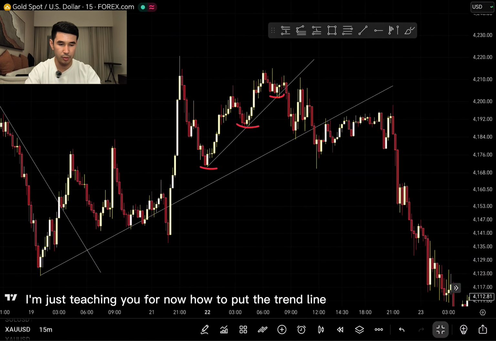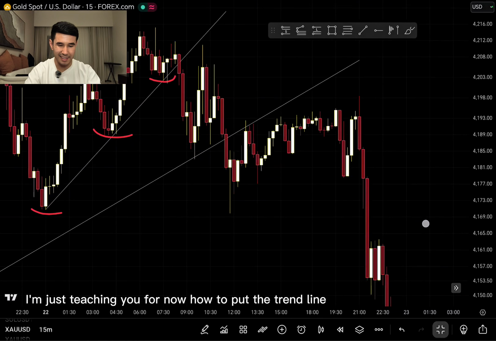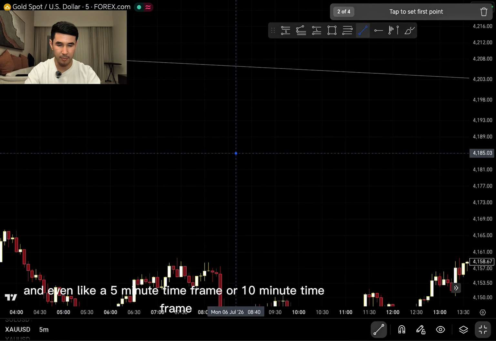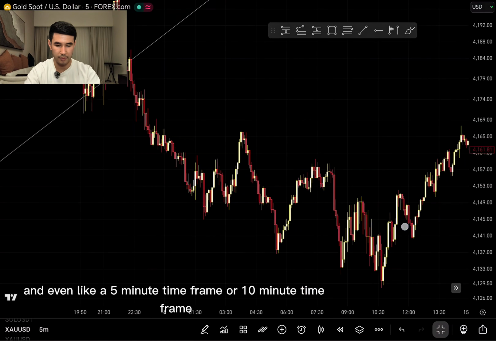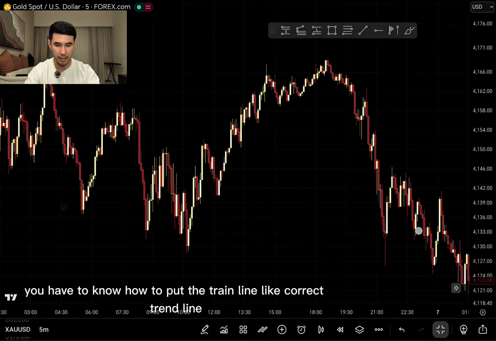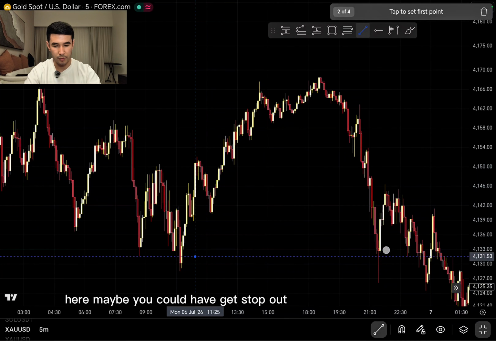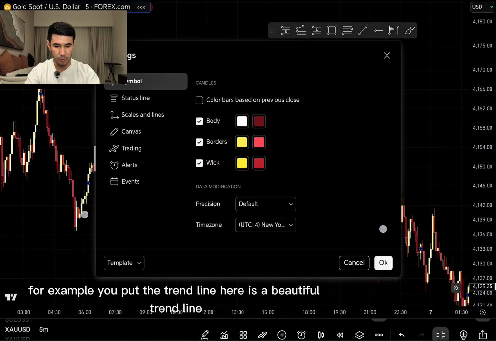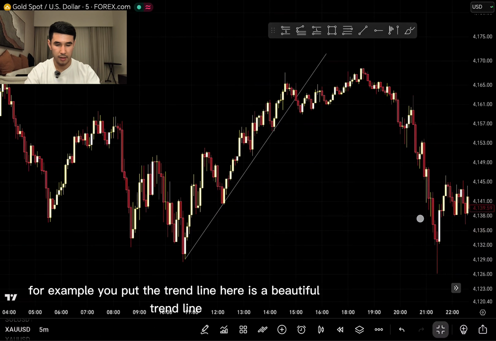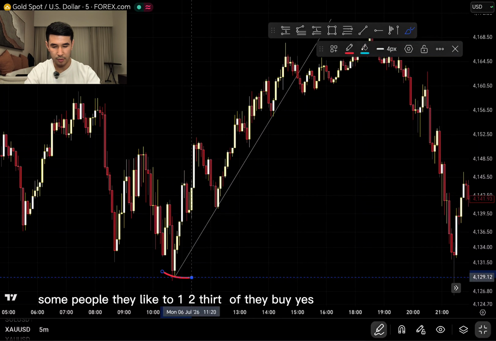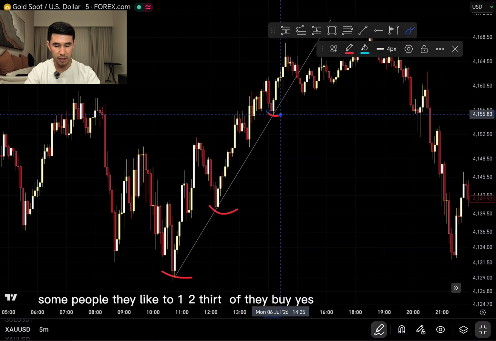I'm just teaching you for now how to put the trend line in a correct way, even on a 5-minute or 10-minute time frame. You have to know how to put the correct trend line. Here maybe you could have got stopped out. For example, you put the trend line here, a beautiful trend line. Some people like to wait for one, two short touches, and they buy.